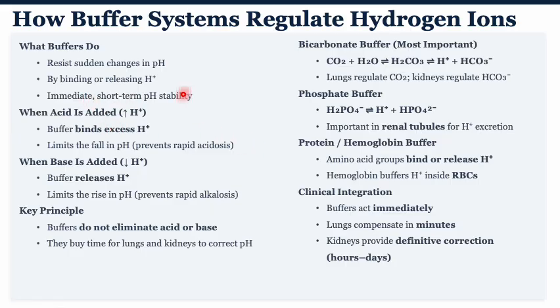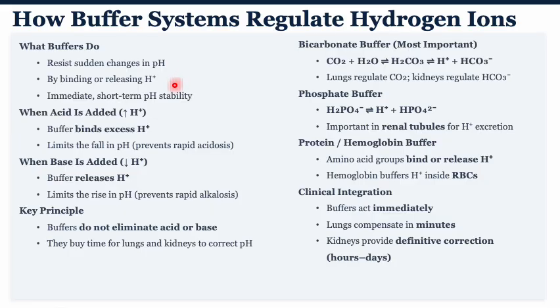So what is a buffer and what does it do? The buffer system, again, helps to regulate the hydrogen ion. It attempts to resist any sudden changes in the pH. It does this by binding or releasing hydrogen ions.